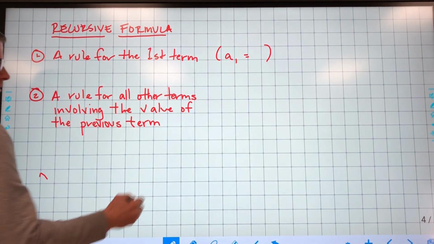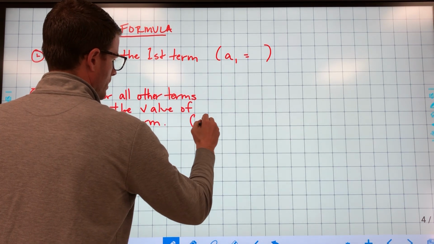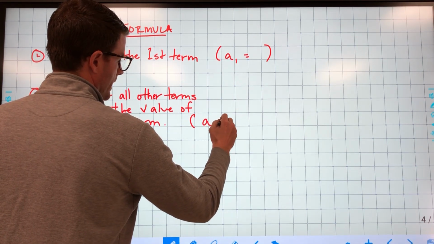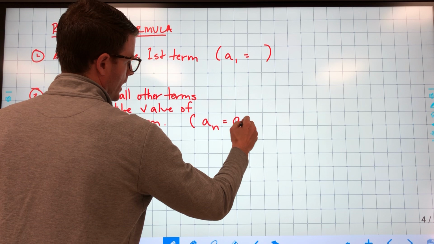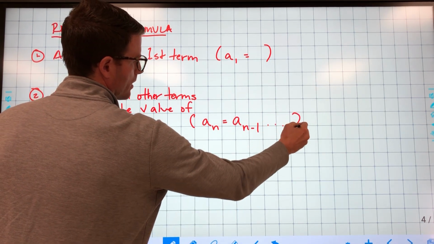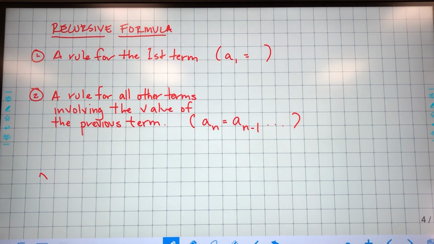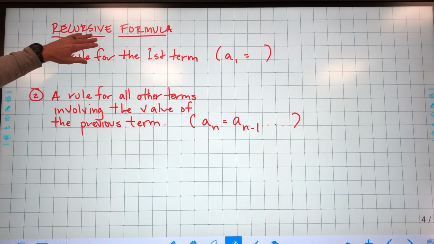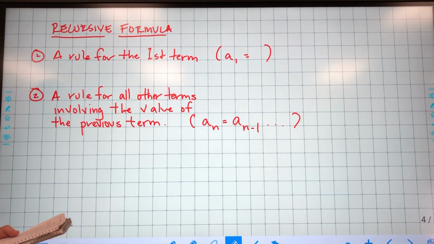And so that's going to look like a sub n equals a sub n minus 1 dot dot dot. So these are the two characteristics of a recursive formula.